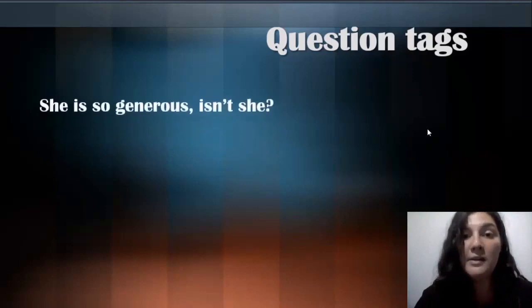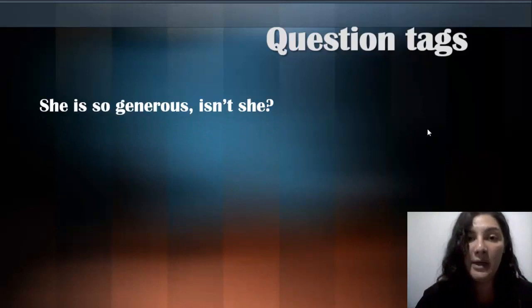Question tags require a special distinction in this category because although they contain a finite verb, they also need a declarative clause or a previous statement in order to complete its meaning and be functional. For example, if we just have isn't she, we lack previous information to know what that structure refers to.